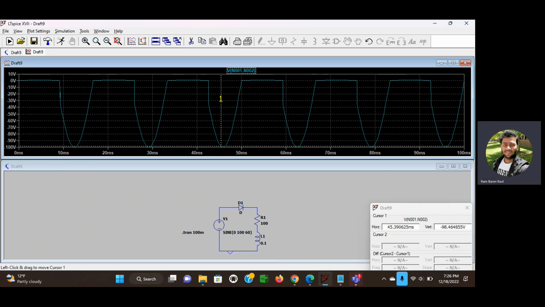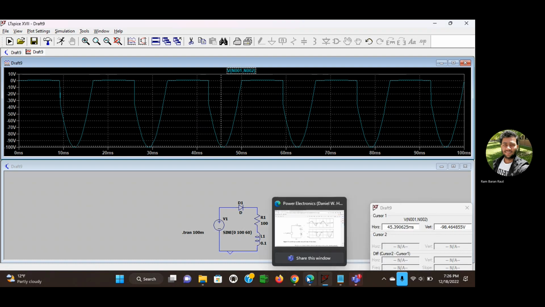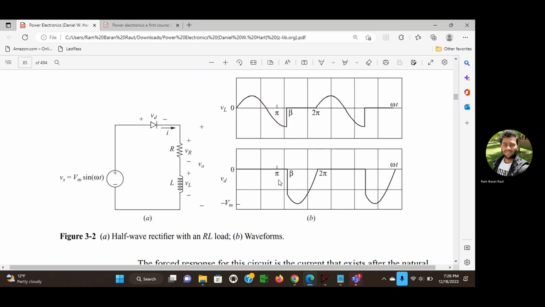It should be negative because it's inverting. It starts from 0, goes down, has a peak of minus Vm, then goes back to 0 and again to minus Vm.